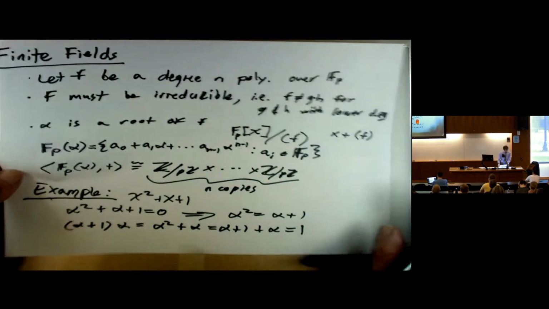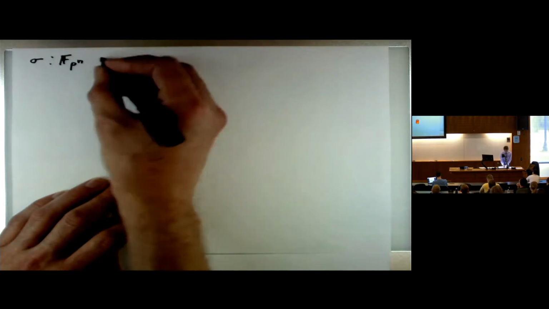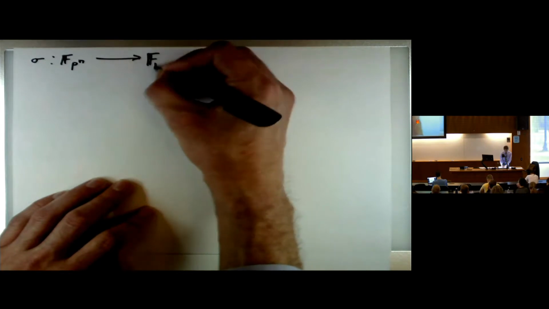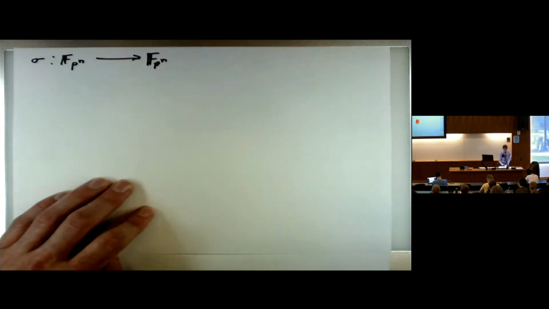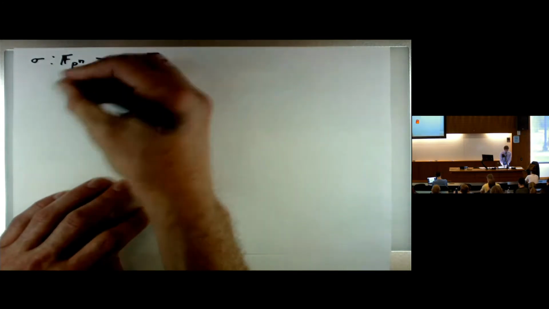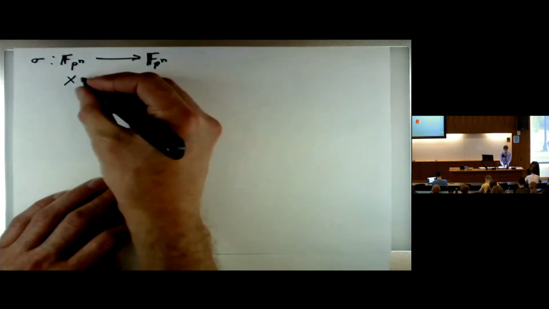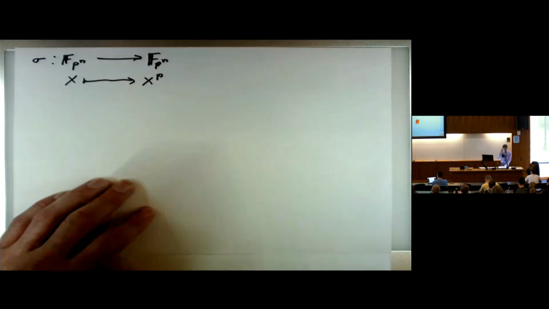Hopefully it's clear. But I now want to discuss Frobenius. Are there any questions on that before I discuss Frobenius? So now I'm going to denote Frobenius by sigma, from F_{p^n} to F_{p^n}. And it's defined by sending x to x^p.